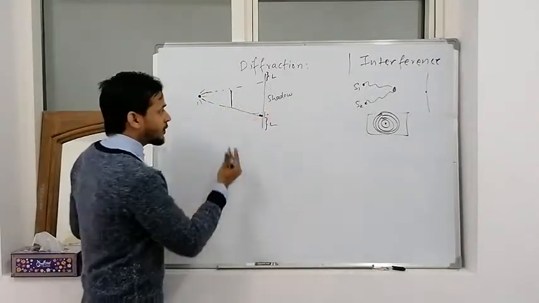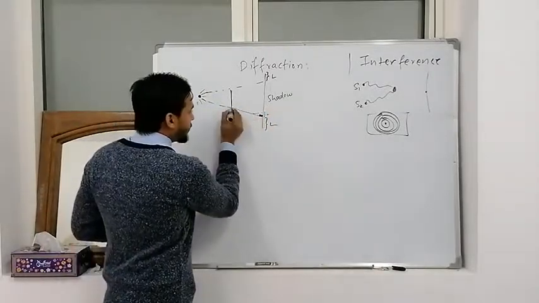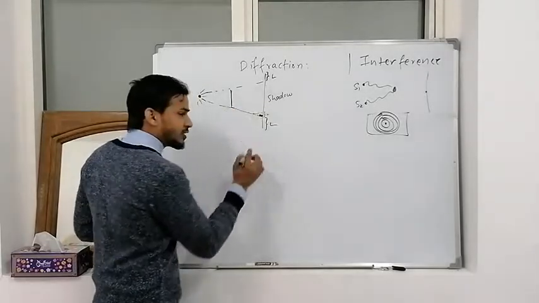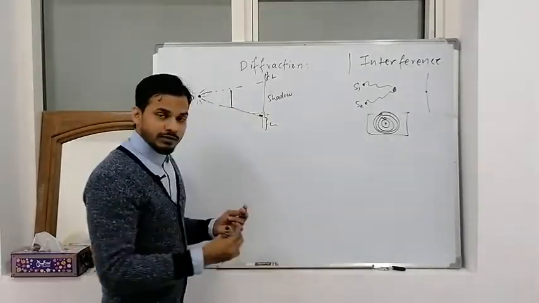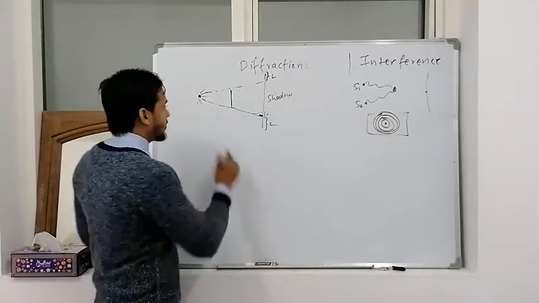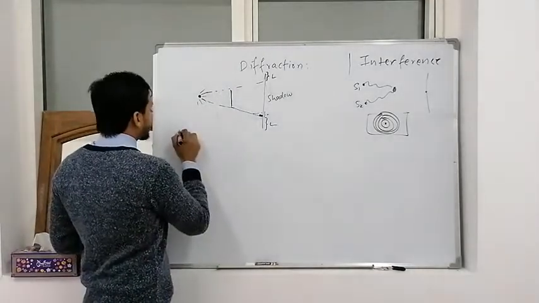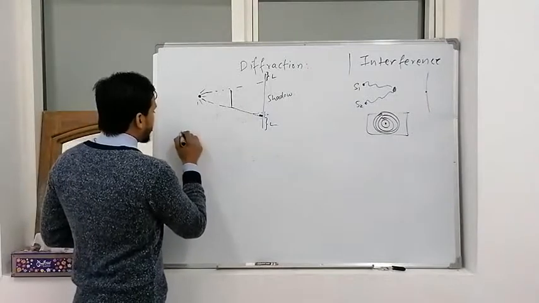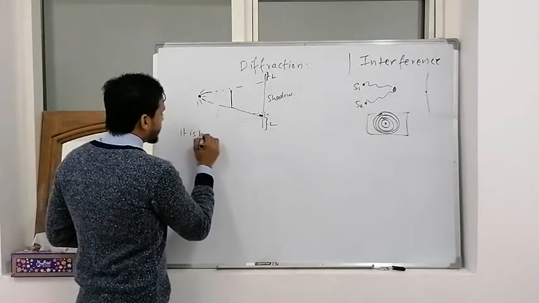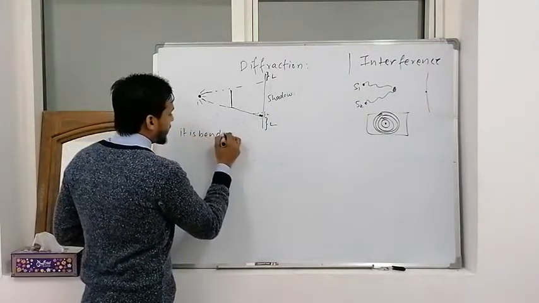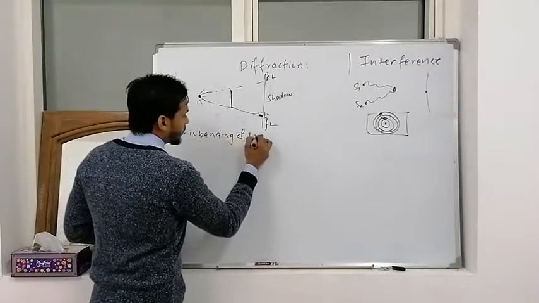That phenomenon, that changing of the path of light, is diffraction. Did you understand? Diffraction is the bending of light.